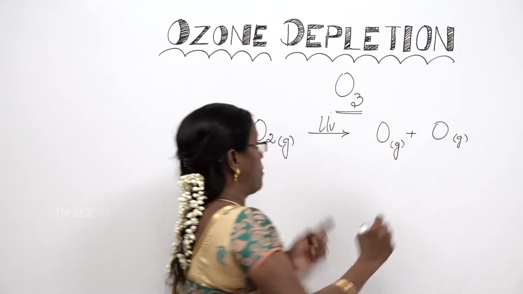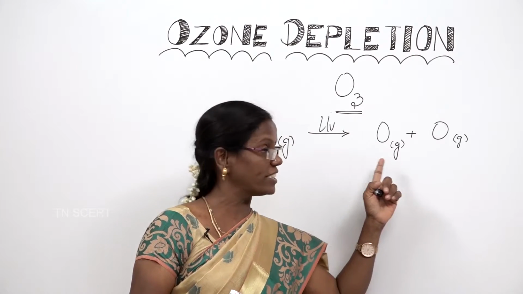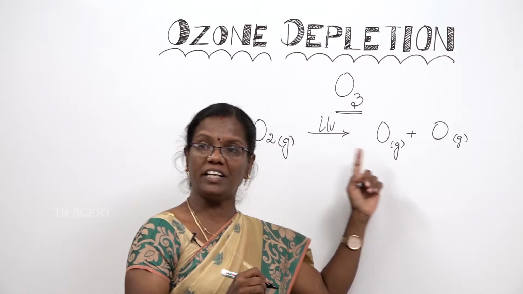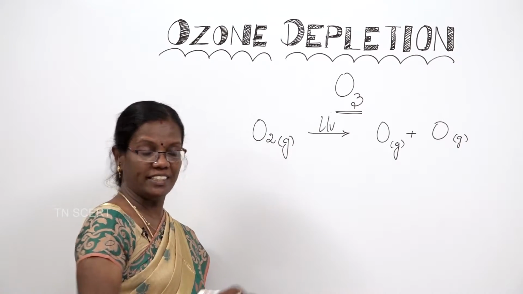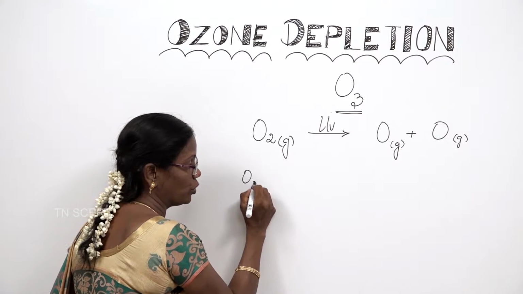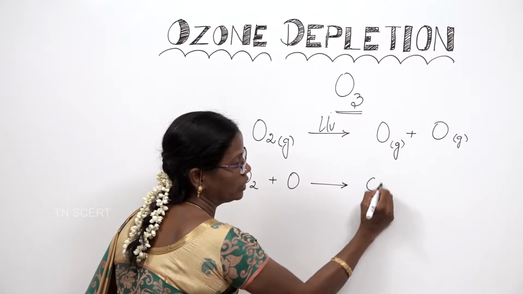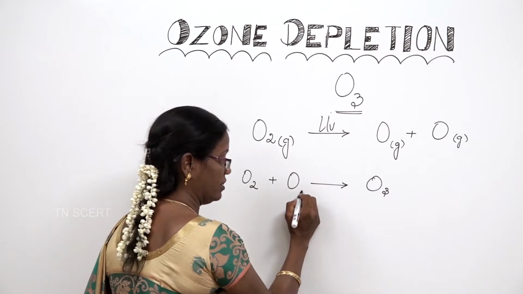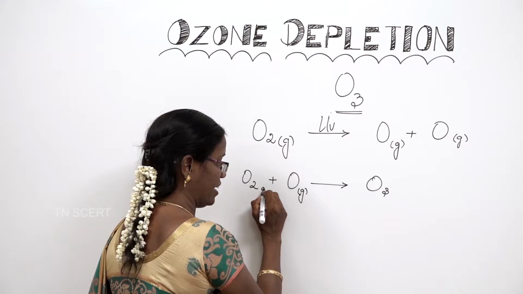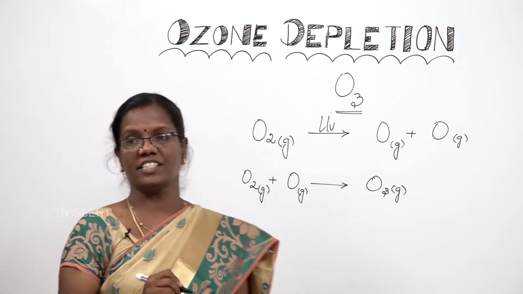See, compared to the molecular oxygen, this atomic oxygen is very reactive and very unstable. So, this atomic oxygen again reacts with this O2 immediately and forms O3, which is the ozone. This is also in the gaseous state and this one also in the gaseous state. Everything is in the gaseous state.